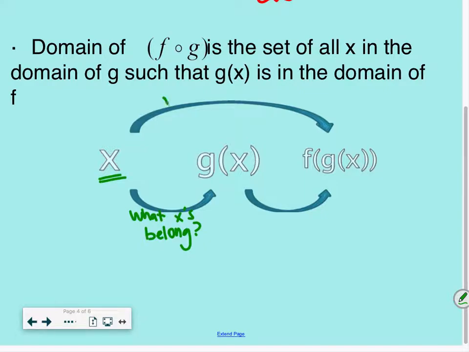What x's belong in our new function that we just composed? Then we're going to take a look at those two and see where they overlap.